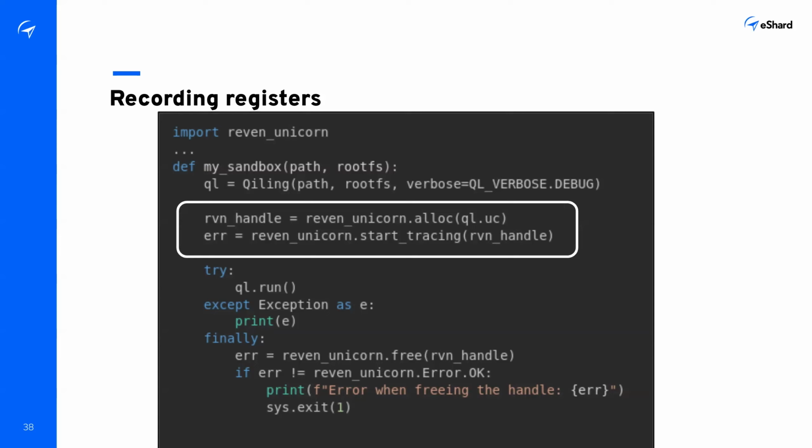The only thing we have to do is give it the handle to the Qiling emulation. So the way we approached the problem was, let Qiling do the emulation and hook ourselves at the right places to record this emulation. So we simply need to give the handle to the Unicorn object from Qiling to Raven Unicorn, and we can start tracing. And now already we record the status of the different registers for every single instruction.